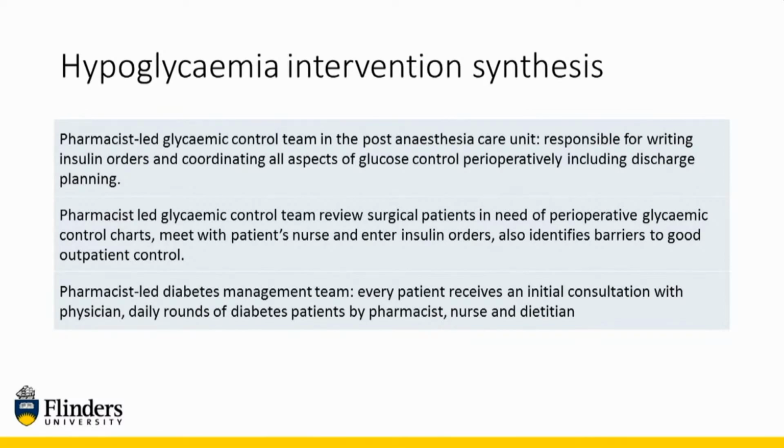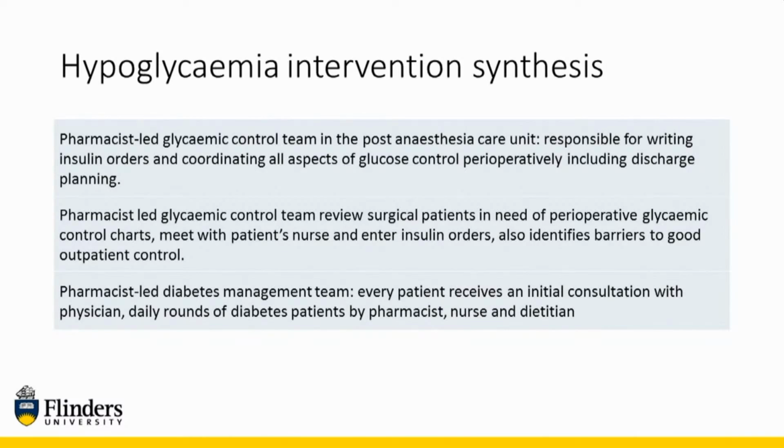So the pharmacist is working with other clinicians to develop the insulin orders and coordinating perioperative management, including discharge. So they're both relatively similar, but then you've got the third model, which is a more intensive model.